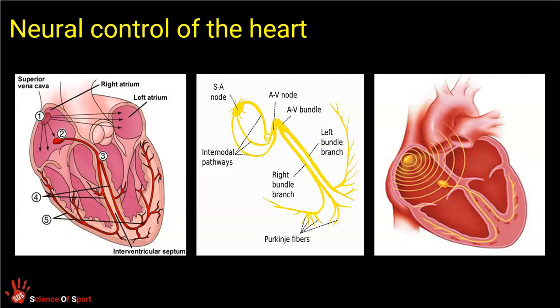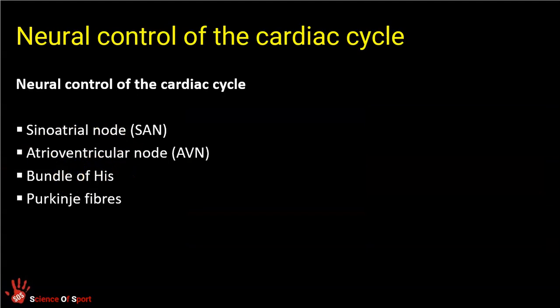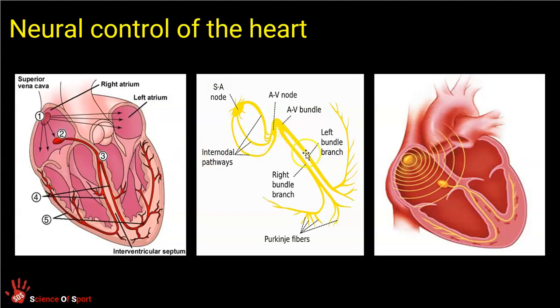I don't think your specification actually specifies the bundle branches, but it goes to the left and to the right, and they're called bundle branches. And then we've got these straggly bits going upwards and spreading all through the ventricles. And it's shown over here, look, the branches spreading up the ventricles. And they're the Purkinje fibers.